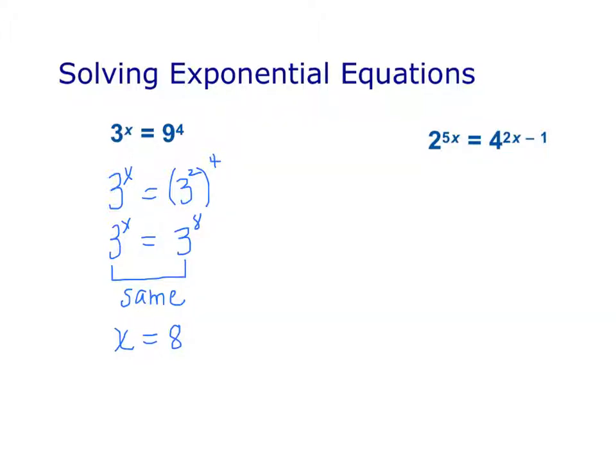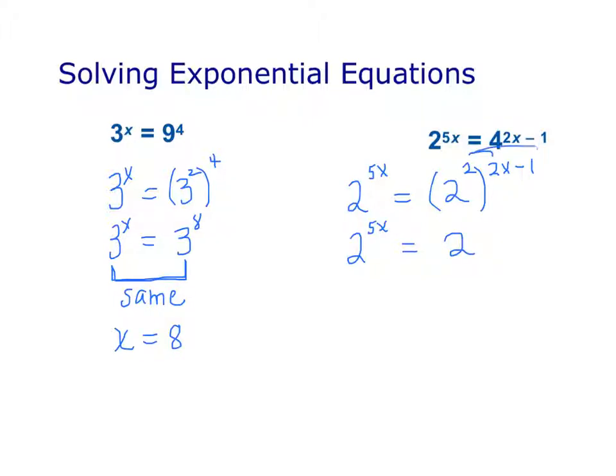Okay, so we can get even more complicated. This second one over here says 2 to the 5x is equal to 4 to the x minus 1, and the key to this is to get the same base. So I'm going to rewrite the 4 as 2 to the 2nd power. And so this would be 2 to the 5x equals 2 to the 2 times x minus 1.